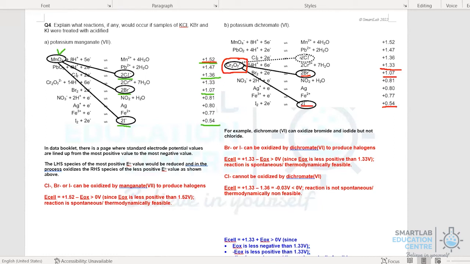However, it is not able to oxidize chloride, since chloride's standard electrode potential value is comparable or slightly higher than that of your dichromate. By calculating the standard cell potential, it allows us to conclude whether the redox reaction is energetically feasible or thermodynamically spontaneous. If the E cell value is less than 0, then the redox reaction is thermodynamically not feasible and not spontaneous.